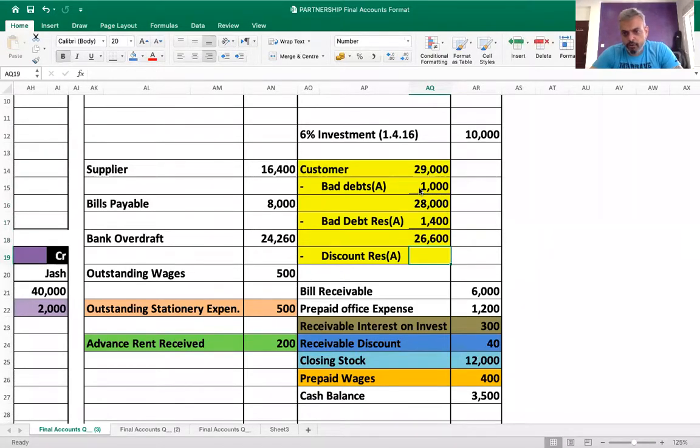And then 2%, 260 is 520, 532. Okay, nice. So 26,068, 26,068.